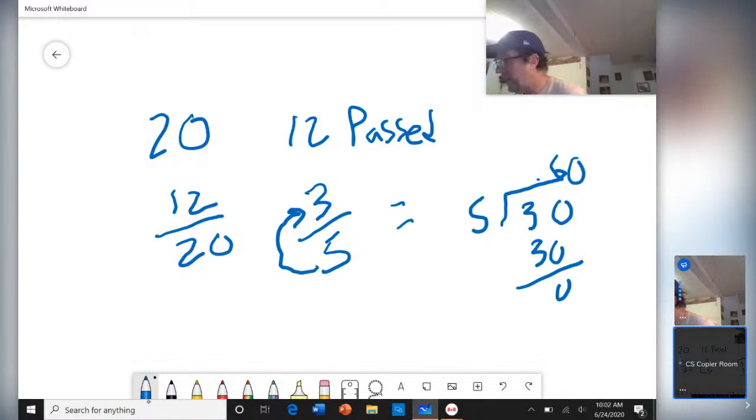So we're going to have 60% of the students pass the history test. So a lot of you guys, just read the question and realize it kind of gives you 2 numbers, 12 out of 20. You're going to put that into a fraction, okay, and you're going to have to divide.